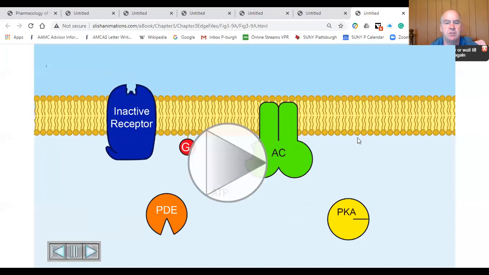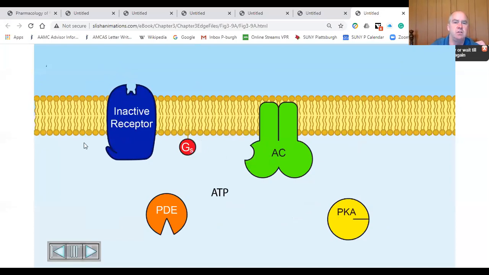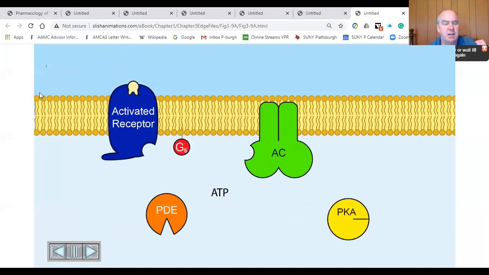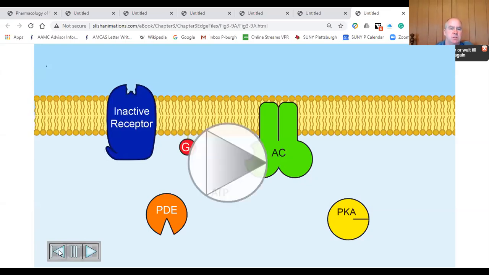So this is how the cyclic AMP system works. You've got an inactive receptor, right, that is not interacting with the G protein. And when the ligand comes along, it changes conformation. That activates the G protein, which then comes along and activates this. So this AC is adenyl cyclase.